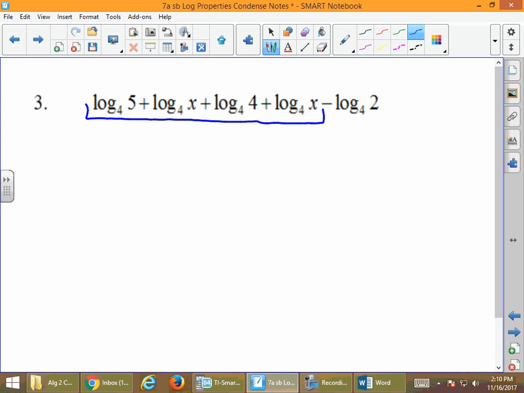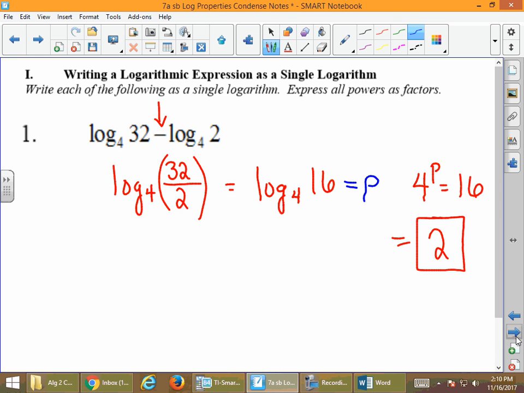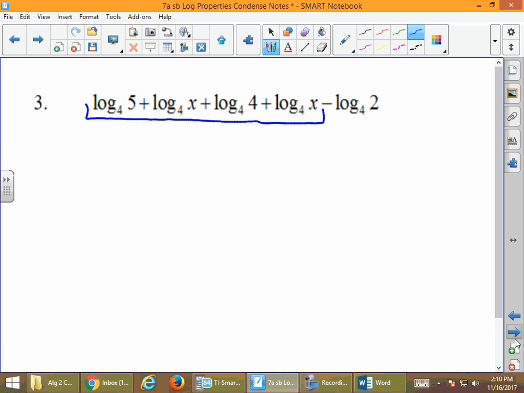And so when we see multiple addition signs in this problem, the property that has the addition sign in it is the product property. So even though we have multiple addition signs in here, what we're going to do is take log base 4 of 5 times x times 4 times x.